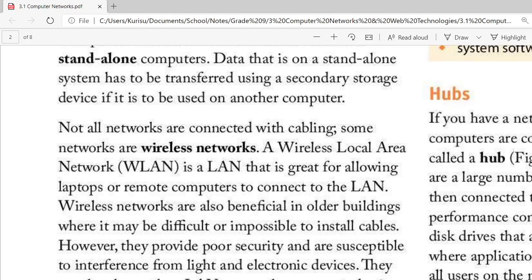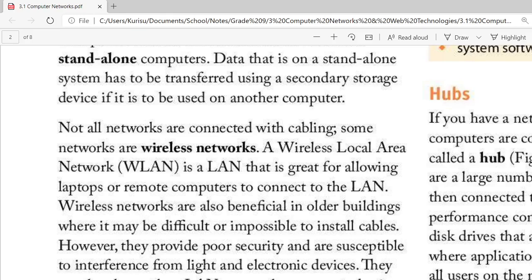Now, there are some advantages and disadvantages of this wireless LAN versus the local area network. The advantage of the wireless LAN is portability. You can be within a specific area and move around and not be limited as to where you can be, because in a local area network you have to be wherever the cable is connected to the device.